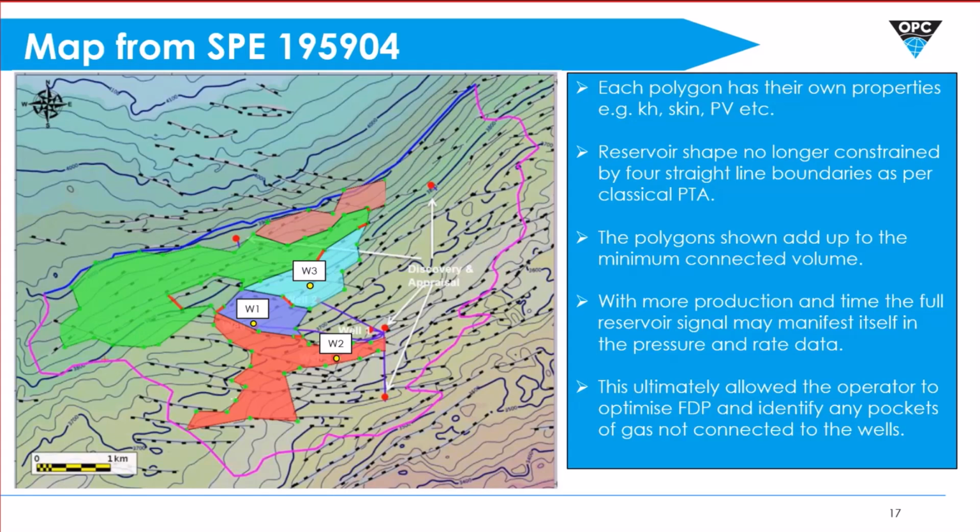The polygons shown add up to the minimum connected volume at the time the reservoir had reached pseudo-steady state. So with more production in time, the full reservoir signal may manifest itself in the pressure and rate data, and these polygons would expand. And this ultimately allowed the operator to optimize the FTP and identify any pockets of gas not connected to the wells.